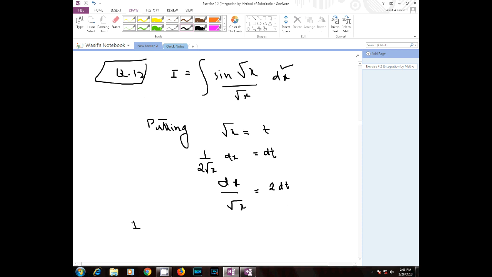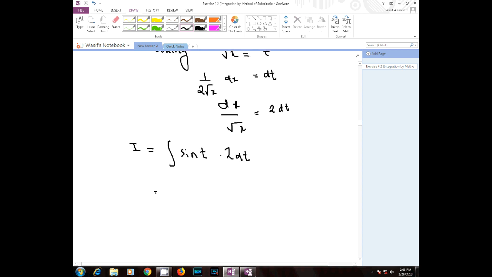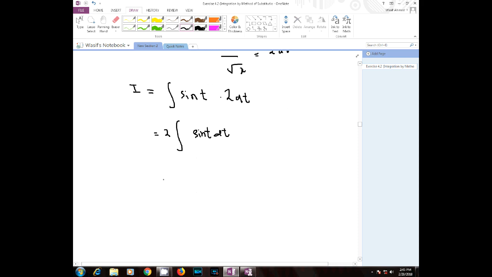So now we are left with I equal to sine, instead of square root x we have put t, sine t, and instead of dx divided by square root x we have just 2 dt. 2 has to be taken out of the integral, and you are left with sine t dt, and this is equal to 2 multiplied by minus cos t plus constant of integration.